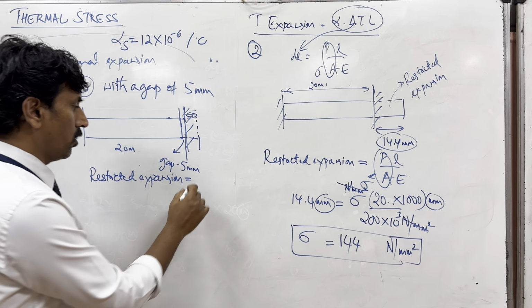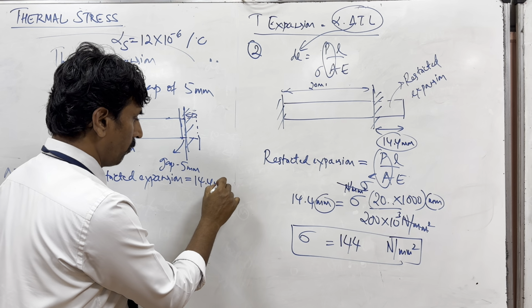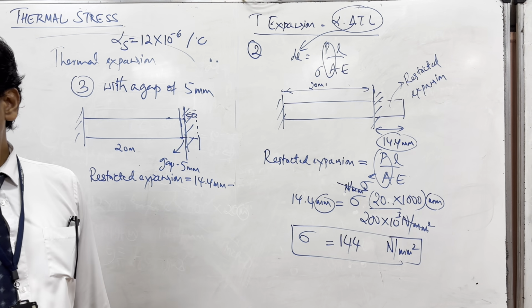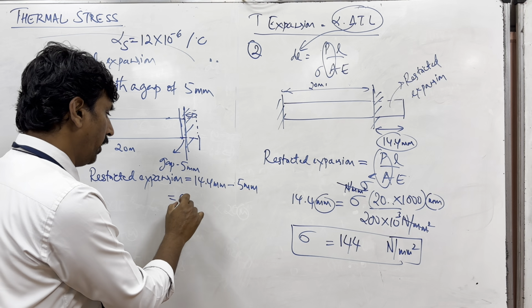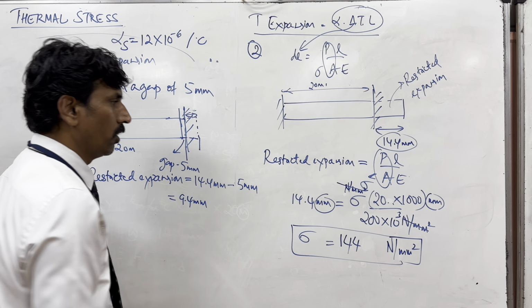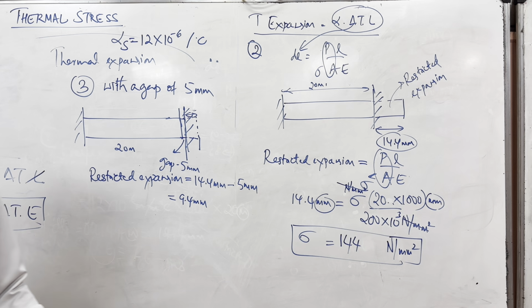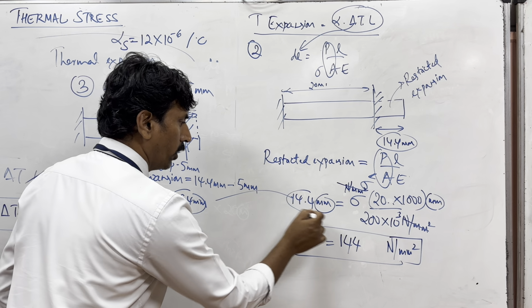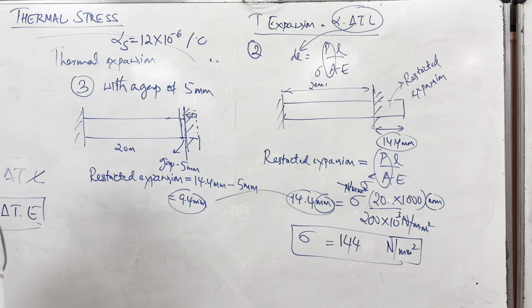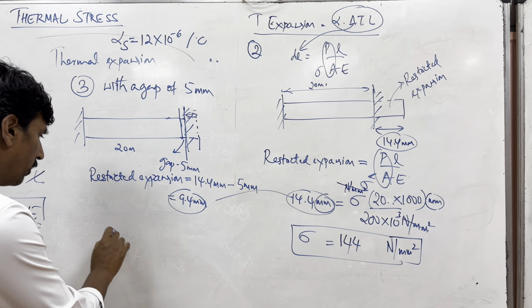Restricted expansion is 14.4 mm, which is the free expansion, minus 5 mm, which is the gap. So this is 9.4 mm. No change. You just have to substitute this 9.4 mm in this place. Instead of 14.4, you substitute 9.4. Then you get the value of sigma.